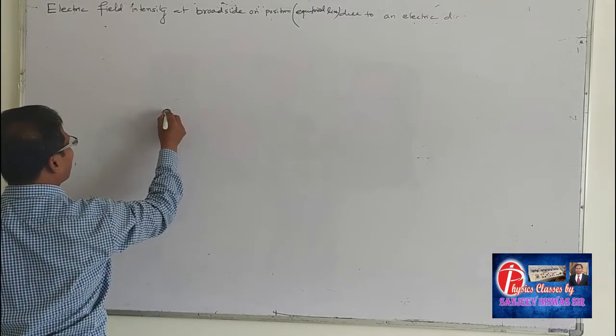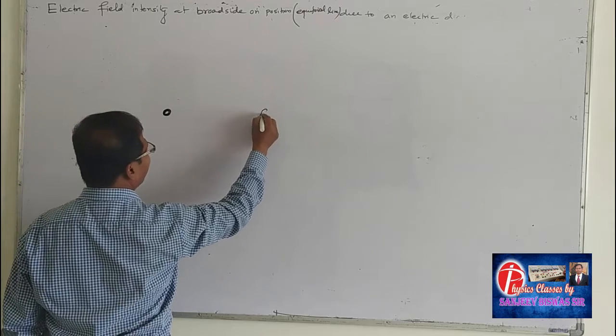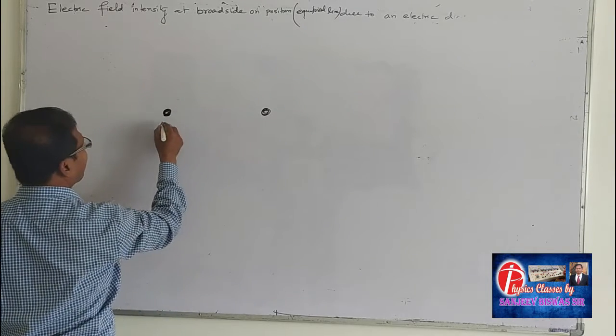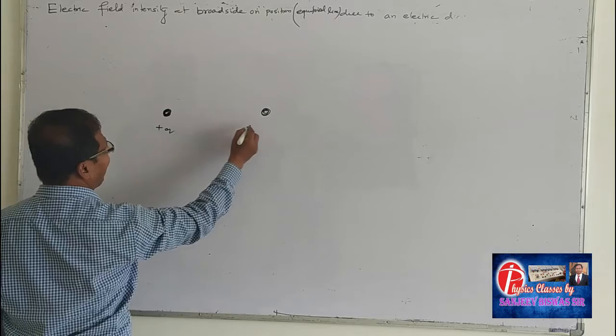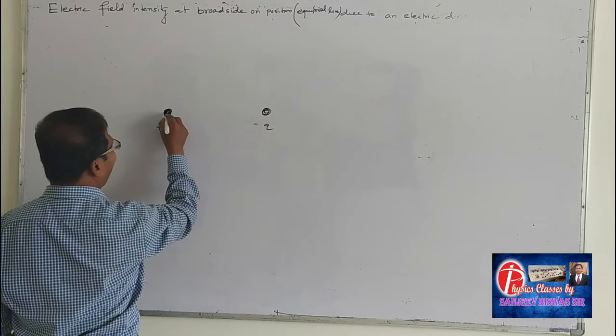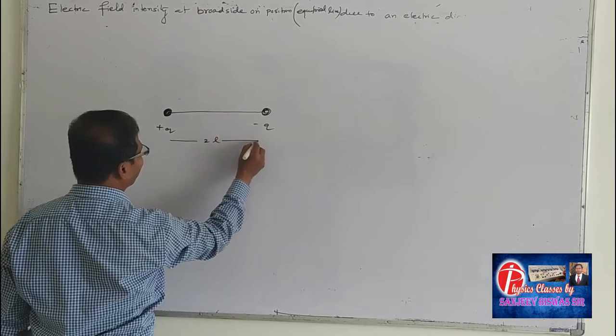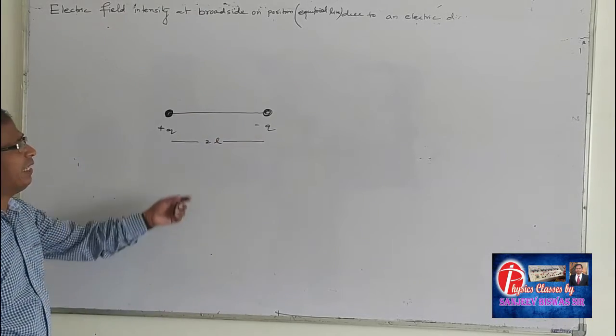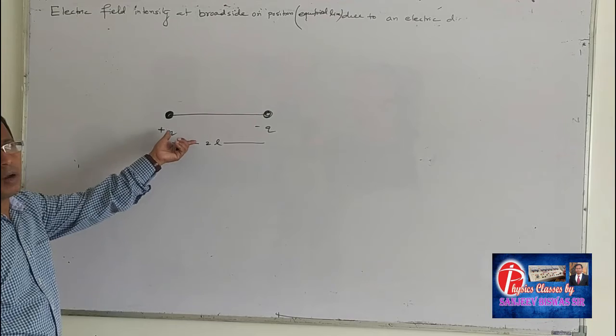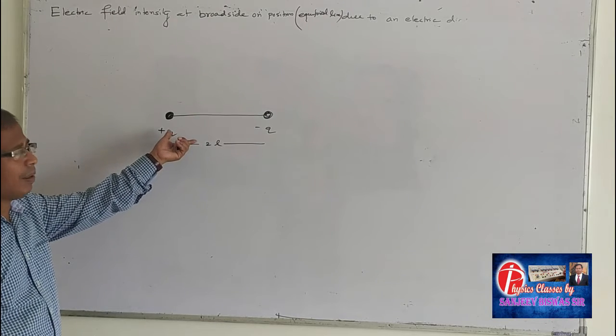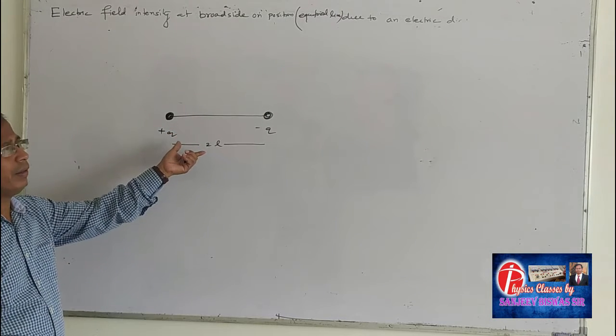suppose these are two charges, one is plus q, another is minus q, placed at a distance 2l apart, and placed in a medium of dielectric constant epsilon r or k.